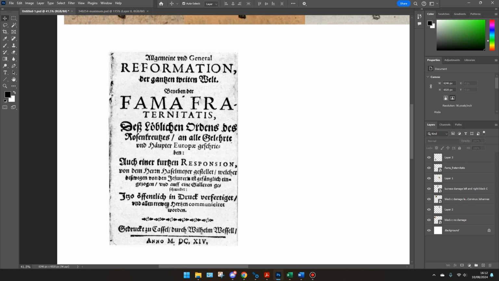He saw the Rosicrucian Fraternity as an organisation that aligned with Paracelsus' religious messages, messages that had been quiet until Paracelsus passed.